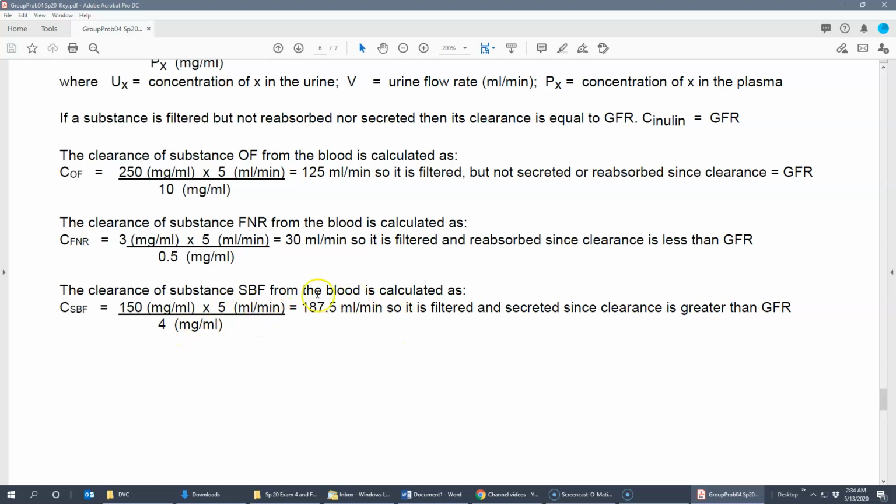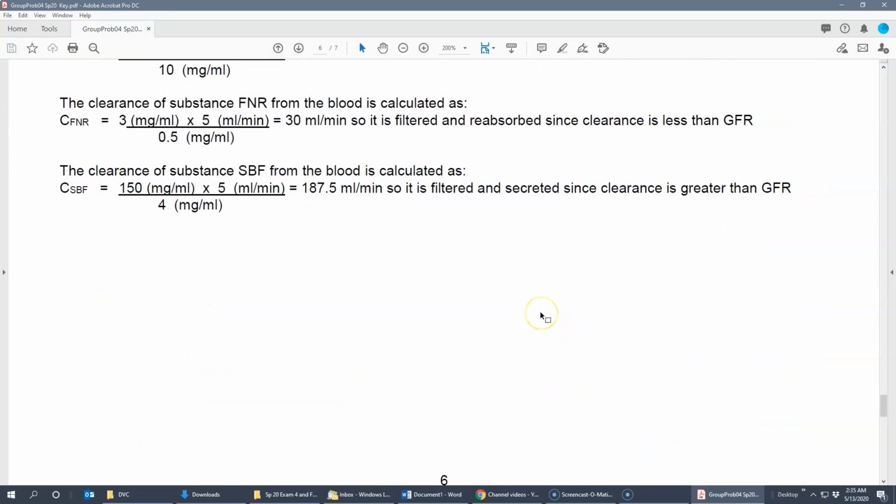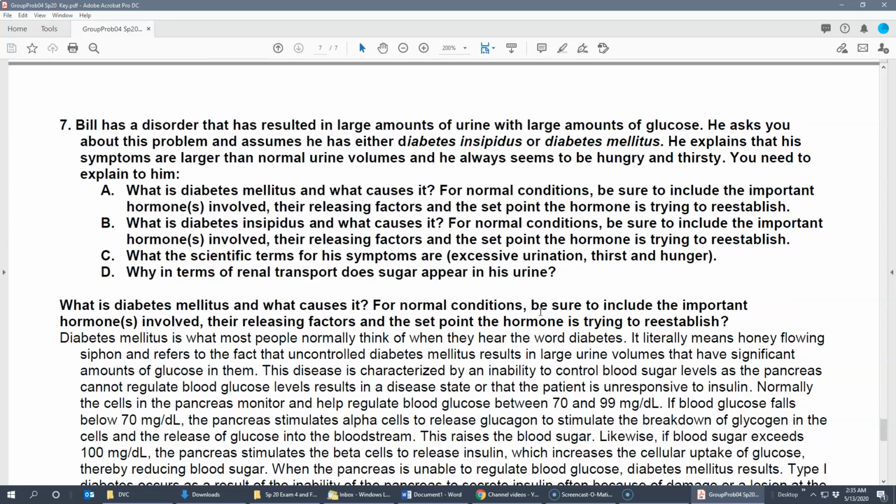So 187.5 mils per minute is greater than GFR, so that tells us the substance is filtered because it appears in the urine, and because it's greater than 125, it's secreted. So SBF meant secreted but filtered for me, so that's where that number came from. So that's the clearance values and how to measure things, and you should be able to interpret those findings as well.